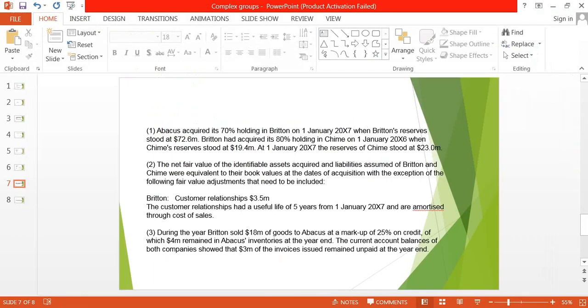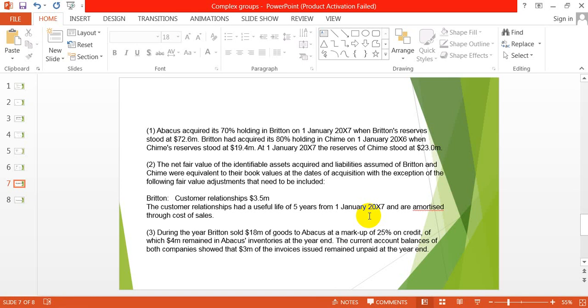From the receivables, we are told in Note 3 that the current account balances of both companies showed that 3 million of the invoices issued remained unpaid. As parent-subsidiary relationship, you do not owe each other. You are one and the same company. So receivables and payables are eliminated.